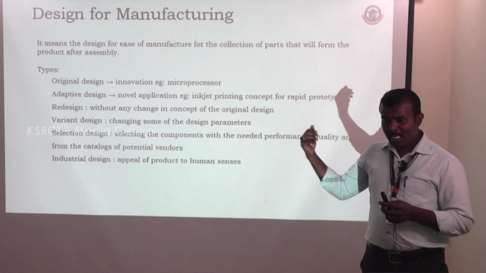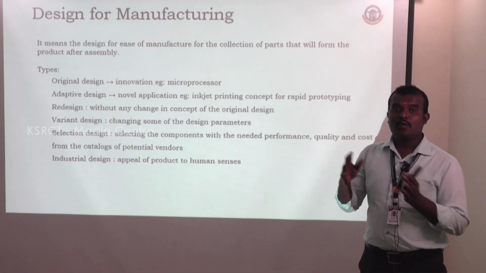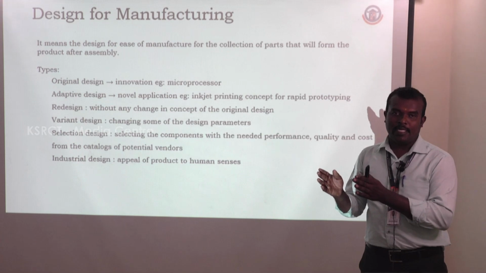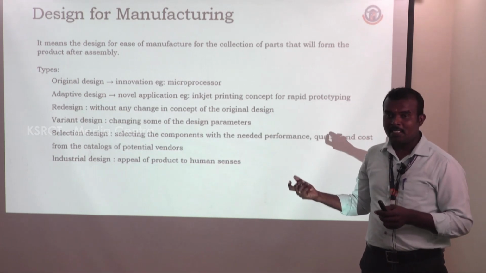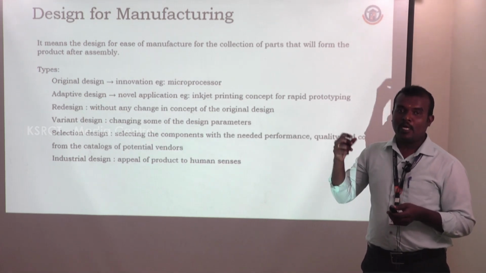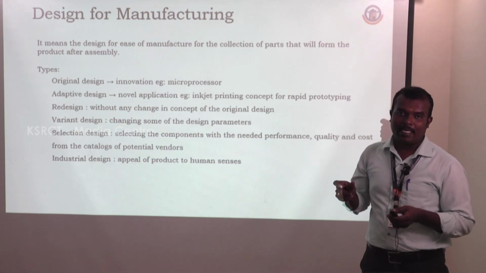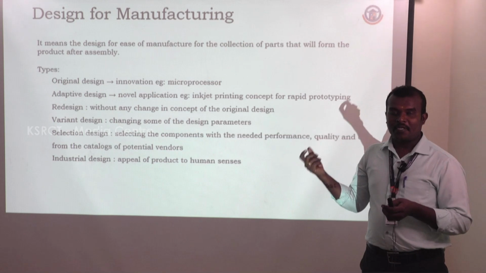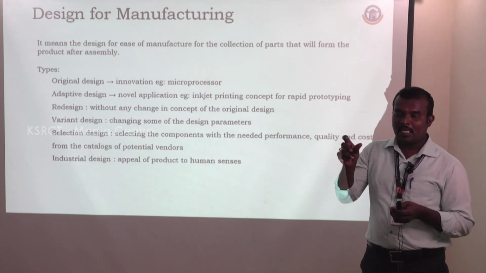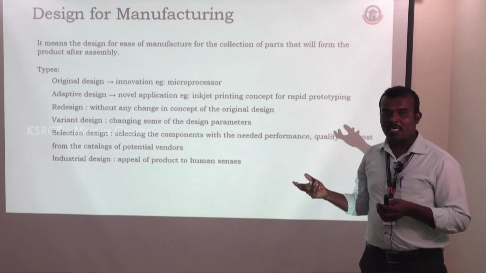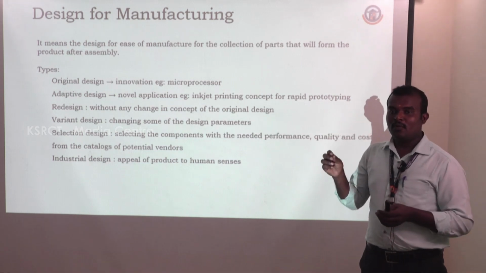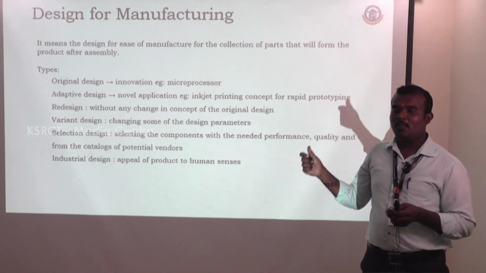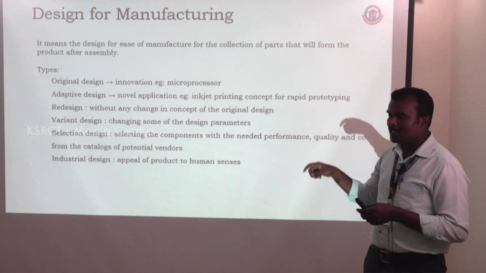In variant design, we have to modify the whole thing, or modify some 20 percent. In selection design, we have to modify the design and select a particular area or component. We have to identify that the component will affect the functionality of the whole component. So we only modify that component, and that is called the selection design.